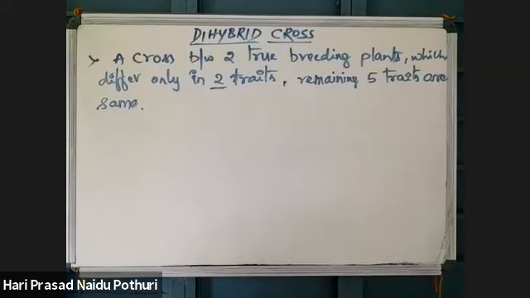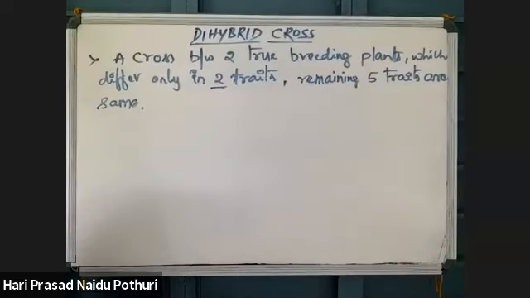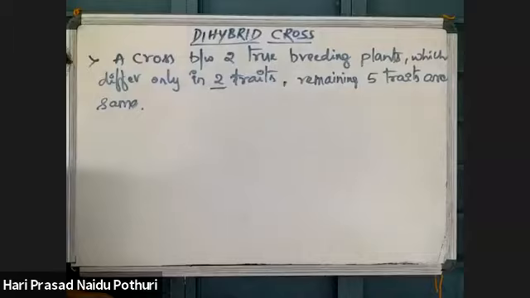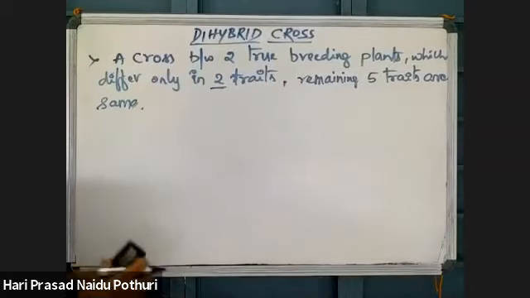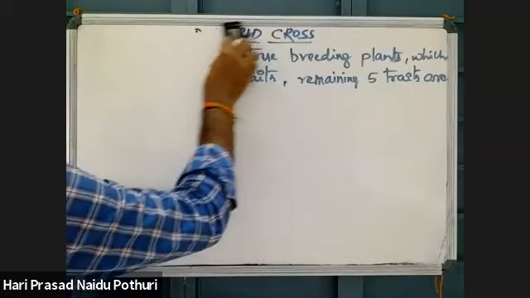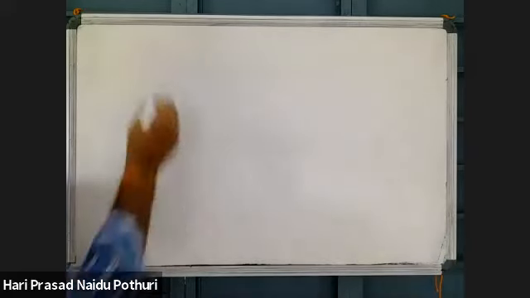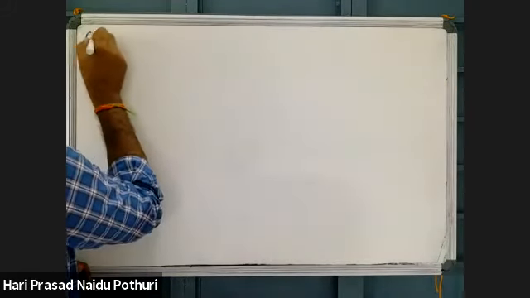So by dihybrid crosses, he conducted some experiments. Here the law of dominance and law of segregation are applicable to this dihybrid cross also. Here I will take a cross now. He conducted a cross between seed color and seed shape.